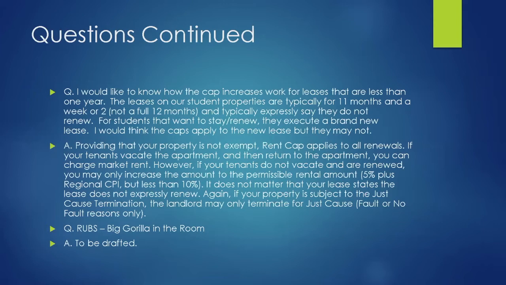However, if your tenants do not vacate and are renewed, you may only increase the amount to the permissible rental rate. So that's the 5% plus regional CPI, but no more than 10%. It does not matter that your lease states the lease does not expressly renew. Again, if your property is subject to the just cause termination, the landlord may only terminate for just cause, fault or no fault reasons. Okay.